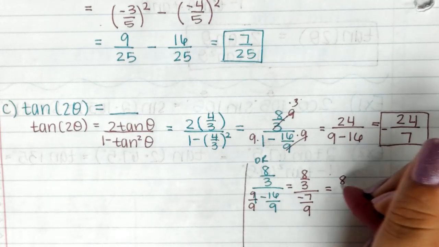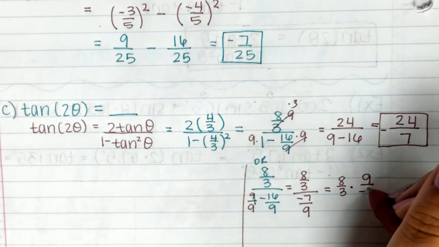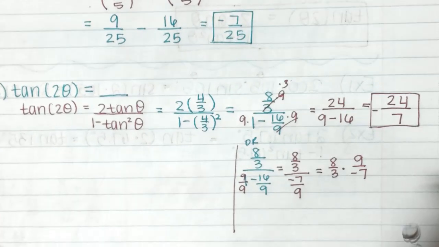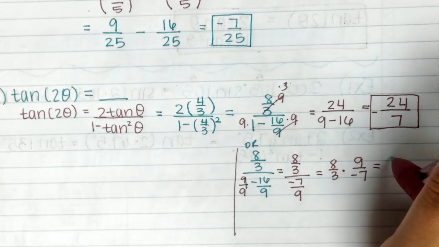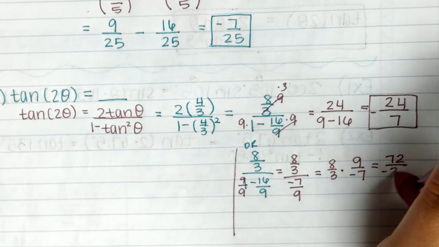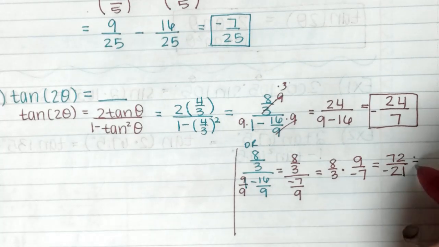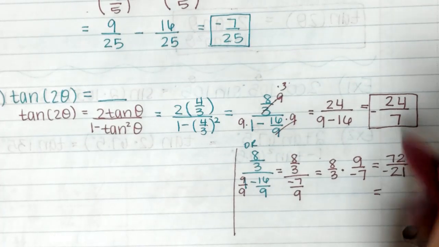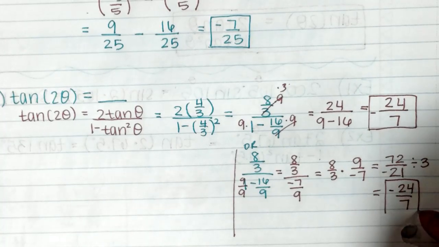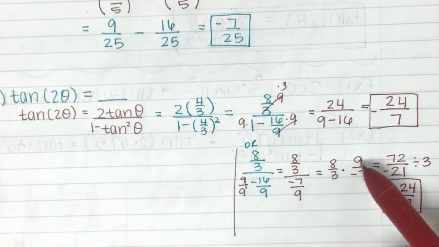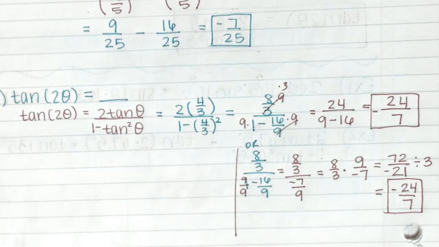If I keep change flip, this is going to give me 72 over negative 21. And I can divide them both by 3, which gives me negative 24 over 7. You could also reduce that right there and got the same thing.